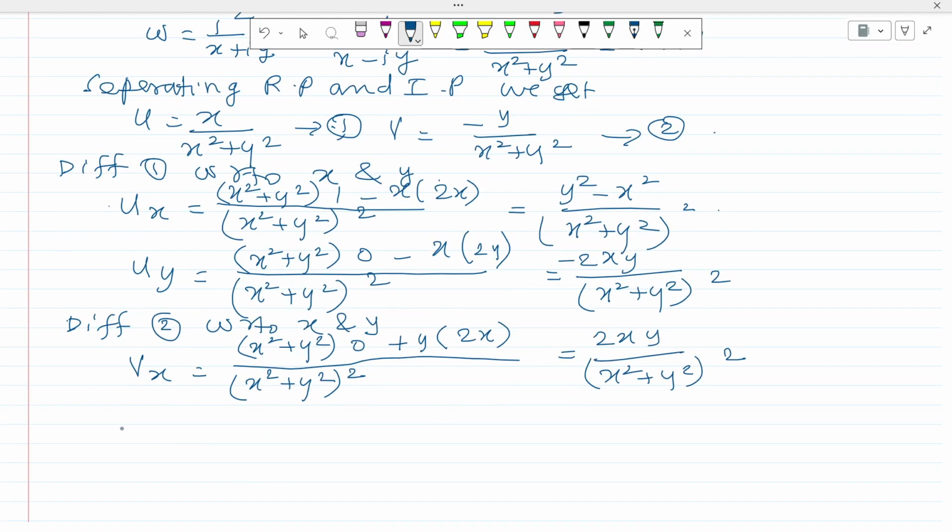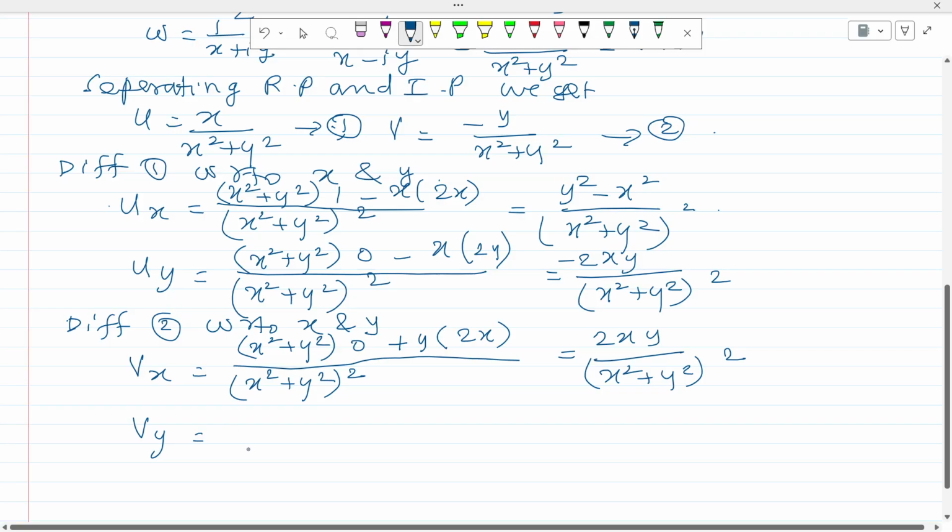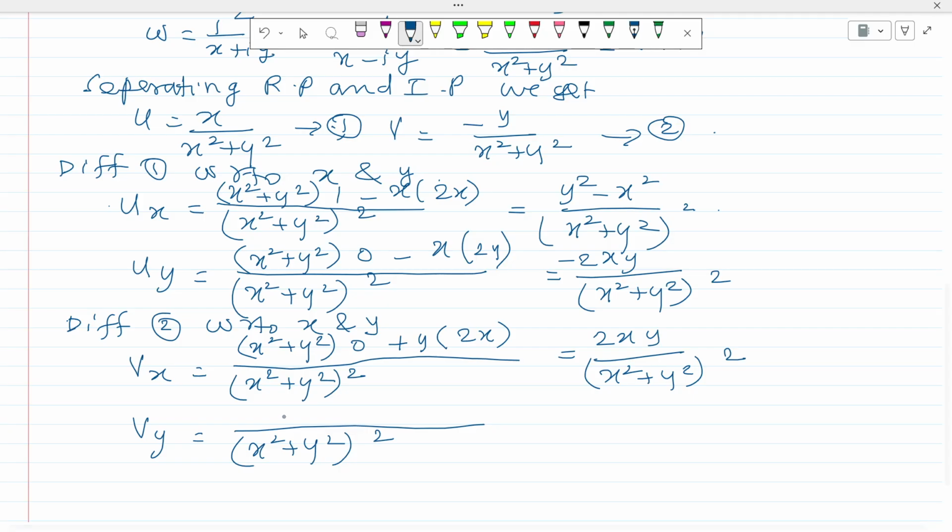Now the last one, vy. The denominator is x square plus y square whole square, but in front minus is there, so keep it minus outside, then keep x square plus y square, differentiation of y is 1, minus, keep y, differentiation of x square plus y square is 2y, so we can write the 2y here.